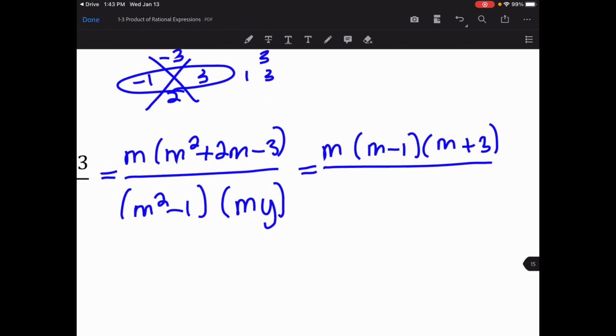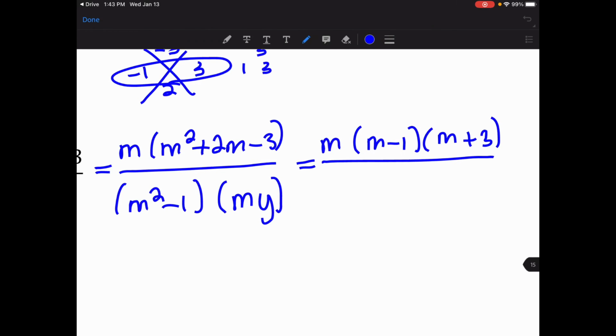Then we need to look at our denominator. For my denominator, I have m squared minus 1. If you recall from last semester or last year, m squared minus 1 we can rewrite as m plus 1 and m minus 1.